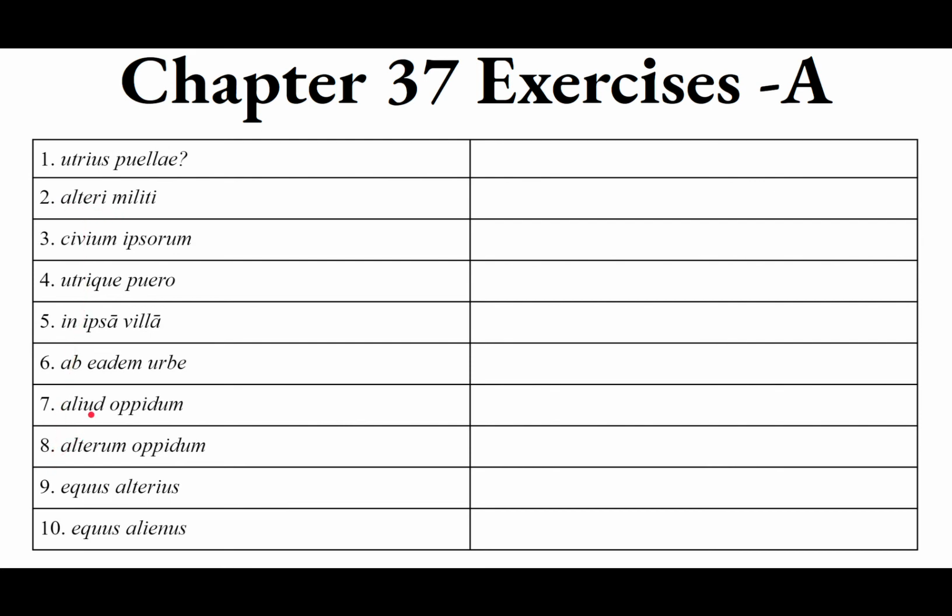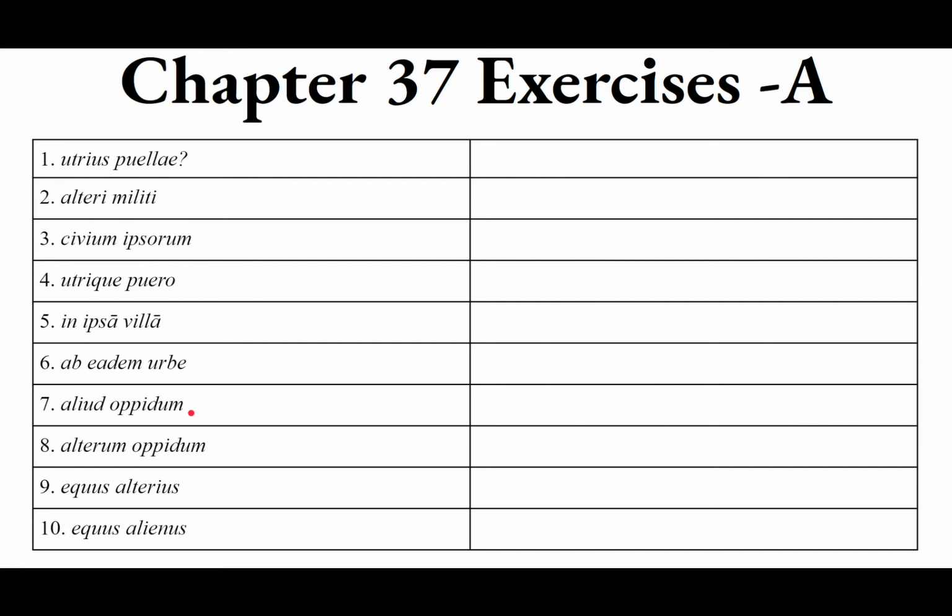Alius, alia, aliud is another, so more than just two. There's another one, and then another one, and another one, and good gravy, another one. Oppidum. Notice it's alius, alia, aliud, like ille, illa, illud, and agrees with oppidum.